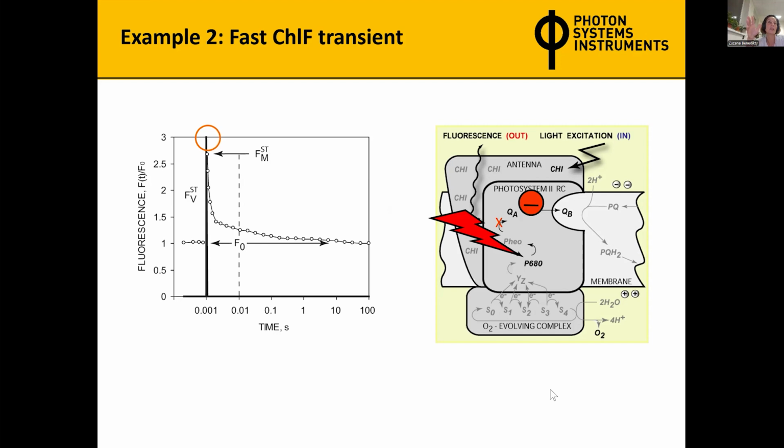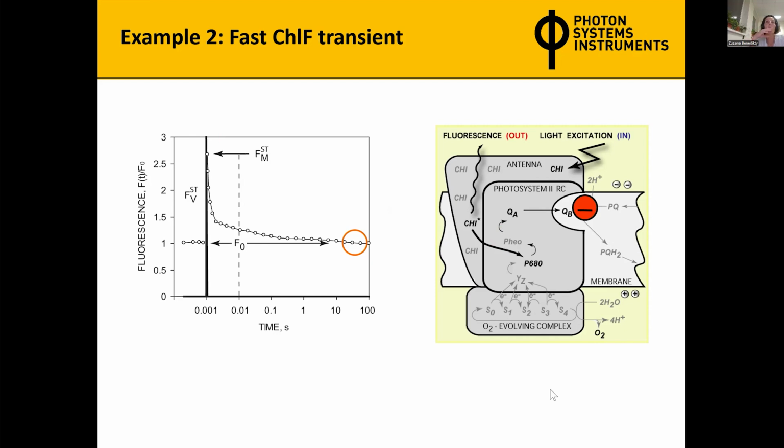This is a special state of the photosynthetic apparatus. And what happens? The energy is dissipated as fluorescence, and you can measure maximum fluorescence at this point. This is such a short experiment, in terms of microseconds, that you do not activate heat dissipation.